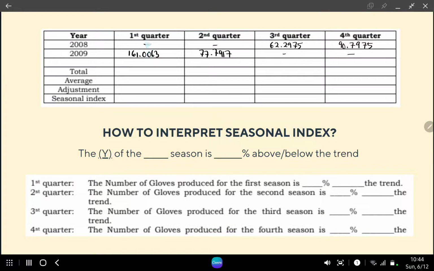For the first quarter, the total is 161.0063. Here the total is 77.7917. The total here plus 0 is 62.2975.